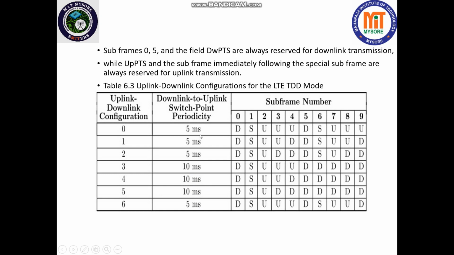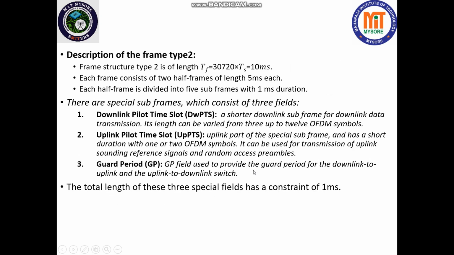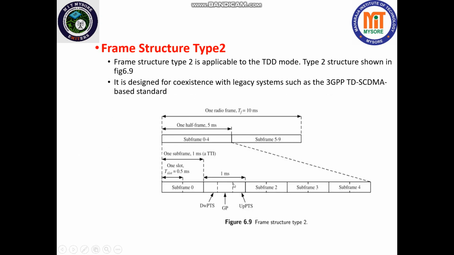In 5 millisecond periodicity there are two special frames, the second and seventh one, by index. And in the 10 millisecond frame we have only one special frame. This special frame is this one.